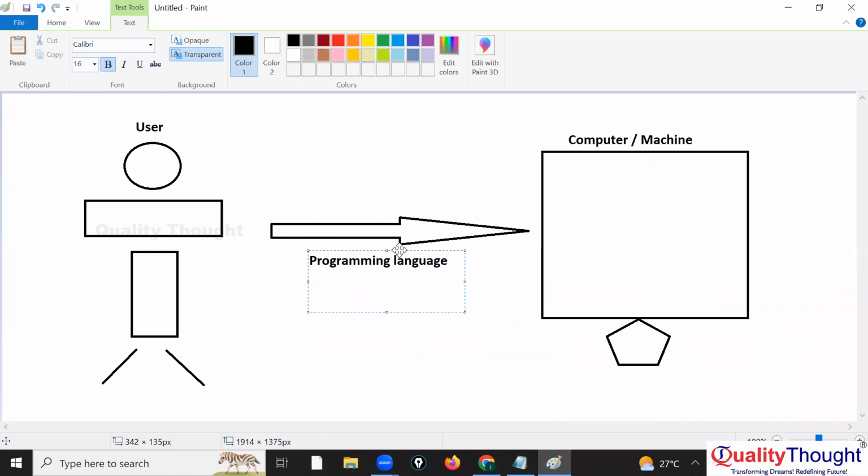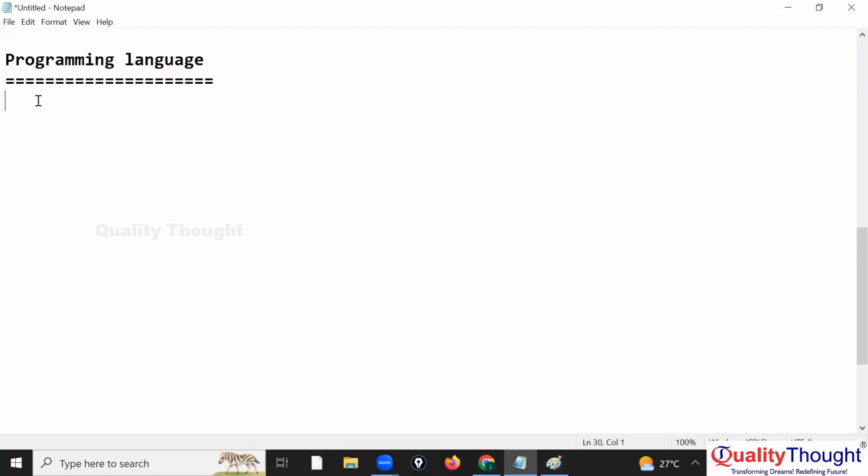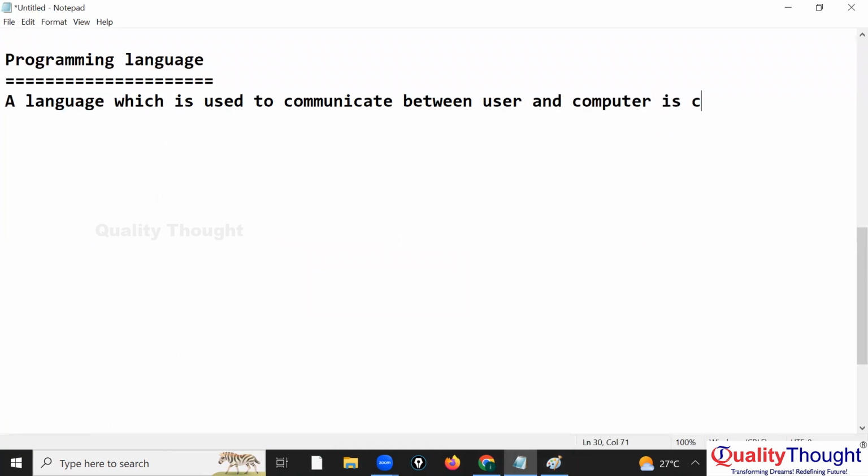With the help of programming language only, the user is communicating with the computer. So a language which is used to communicate between user and computer is called a programming language.